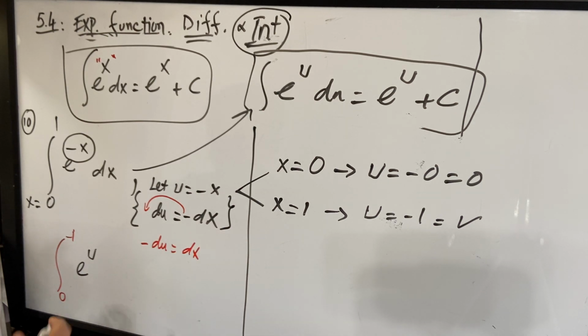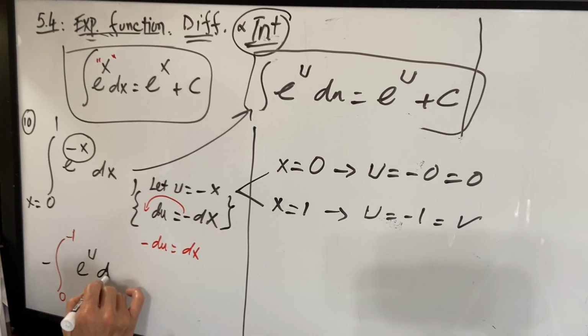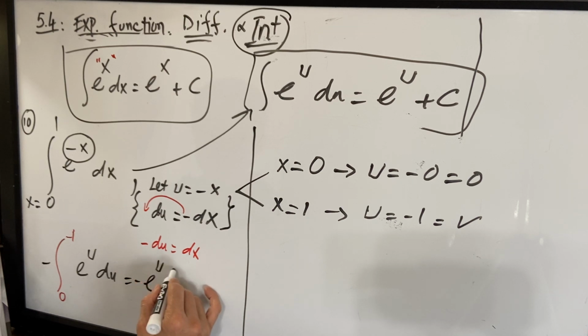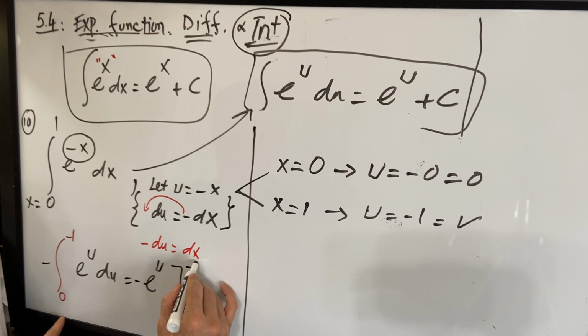Now everybody is in place for you to execute that. Okay, e to the u, and now let's evaluate the area under the curve of that. What do I put here, guys? That's negative right there.